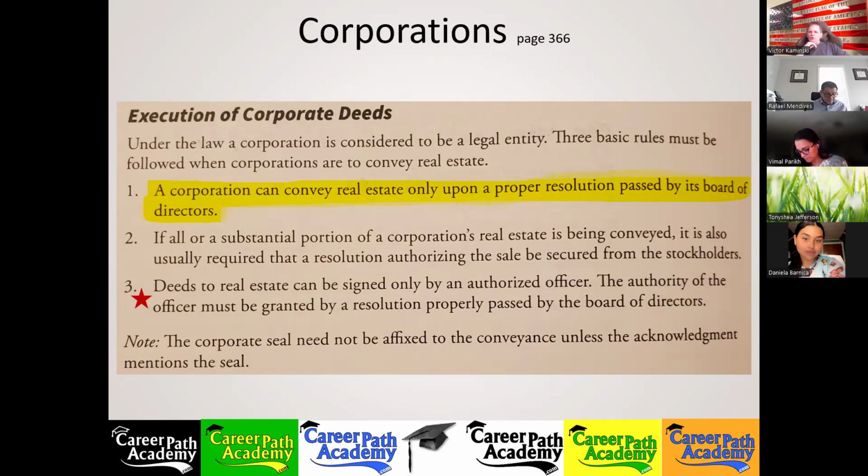If all or a substantial portion of a corporation's real estate is being conveyed, it's also usually required that a resolution authorizing the sale be secured from its stockholders, but that's only if all or a major amount of that corporation's real estate is being sold. And deeds to real estate can be signed only by an authorized officer.